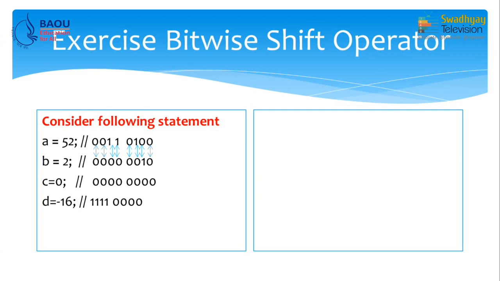Now, we want to understand the bitwise shift operators. So, we take this example. Here we have A is equal to 52, B is equal to 2, C is equal to 0 and D is equal to minus 16, and we can see the binary equivalents in the comment.